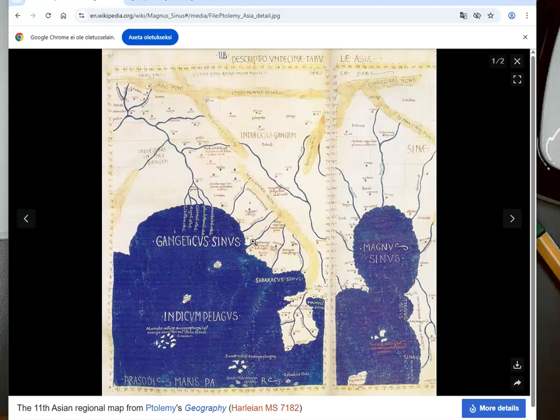Maybe it was a word of Sanskrit or Hindi language, I'm not sure.